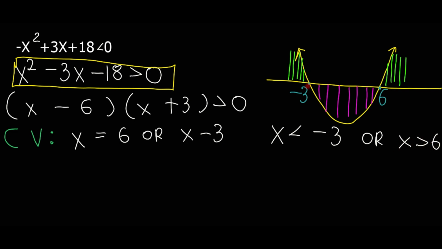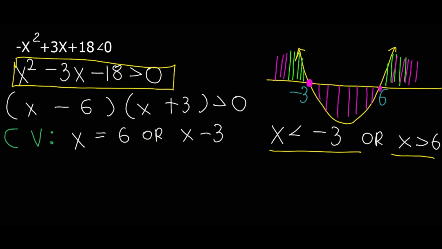Remember we want where our graph is above the x-axis, so from -3 going to the left, and as for this one from +6 going to the right. So this is our solution.